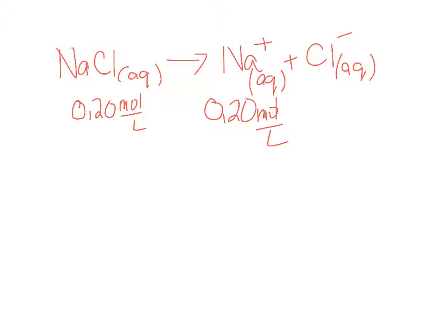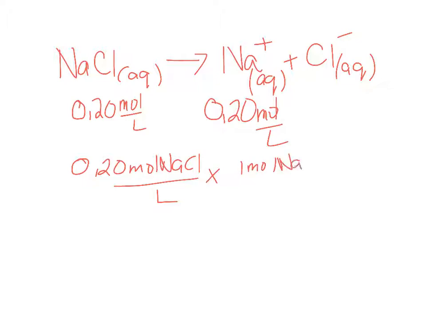So therefore, there's the same number of sodium ions as there are sodium chloride. I can say 0.2 moles of sodium chloride per liter times 1 mole of sodium ions for every 1 mole sodium chloride.